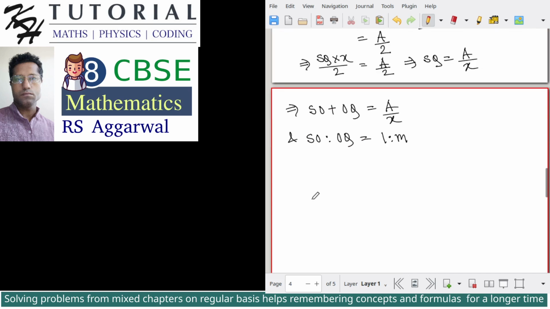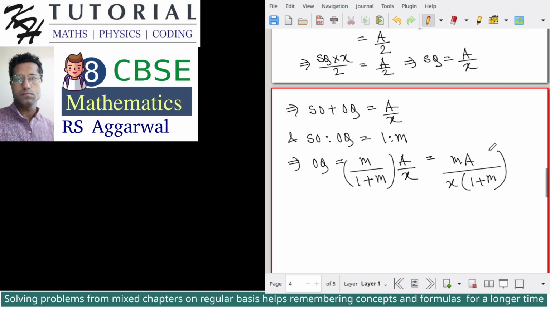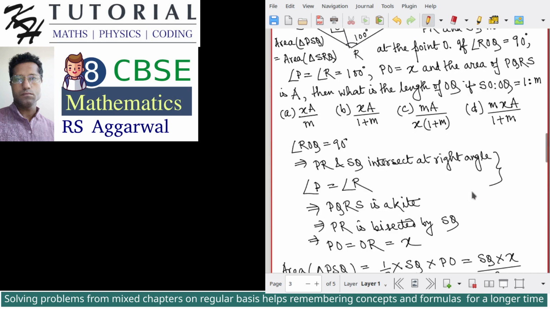From the concept of ratio and proportion, the length of OQ will be equal to m by (1 plus m) multiplied by (SO plus OQ), that is A by X. This is equal to MA divided by X multiplied by (1 plus m). So the correct choice is C.